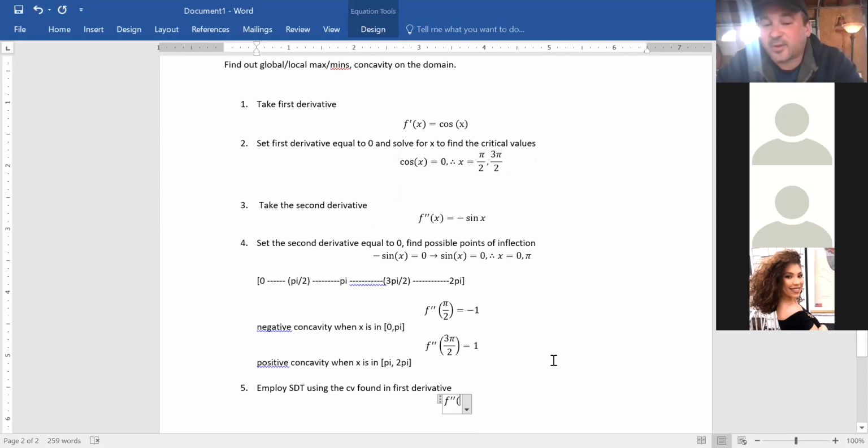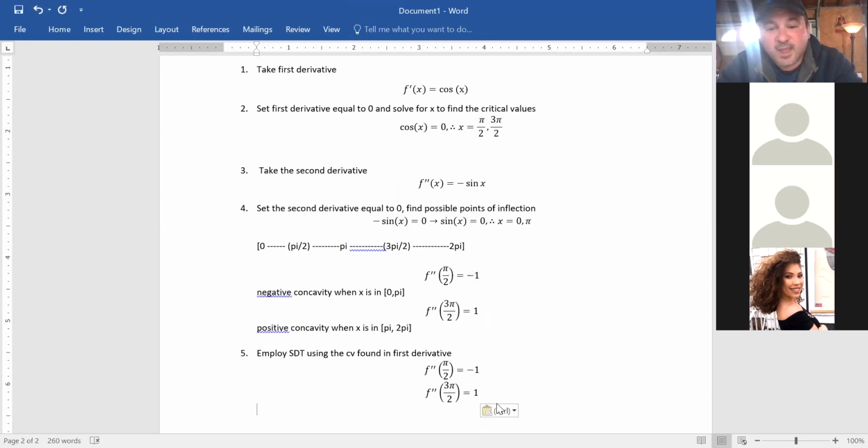So the second derivative test tells us, I'm just going to copy this and put it over here because you still have to go through the same process. Right, and then this, you plug your critical values in, and it tells me that at x is equal to pi over 2, that's a negative number. Second derivative test tells me that because it's a negative number, therefore there's a local max there.